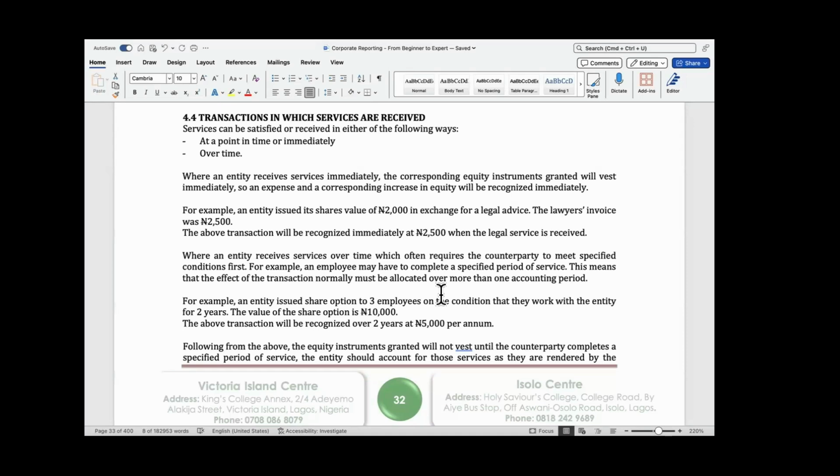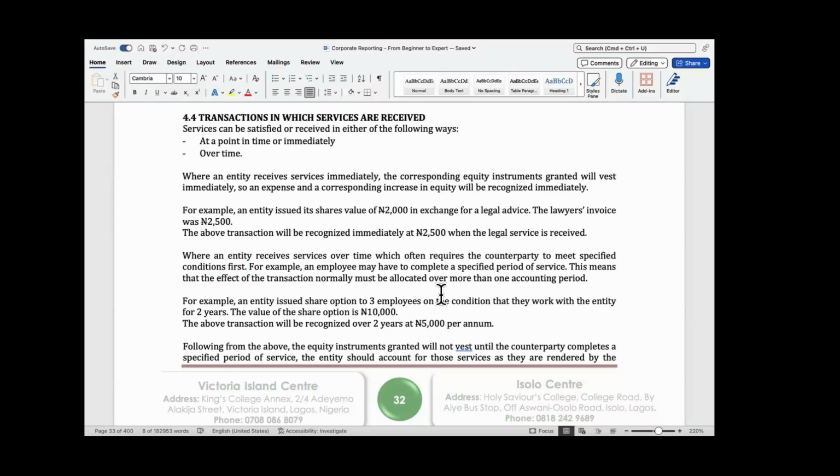last week. And the point of the way I explained to you last week is that at the end of each year, the entity needs to determine the estimate of the number of employees that will vest, or that will become entitled to that equity instrument or those shares.